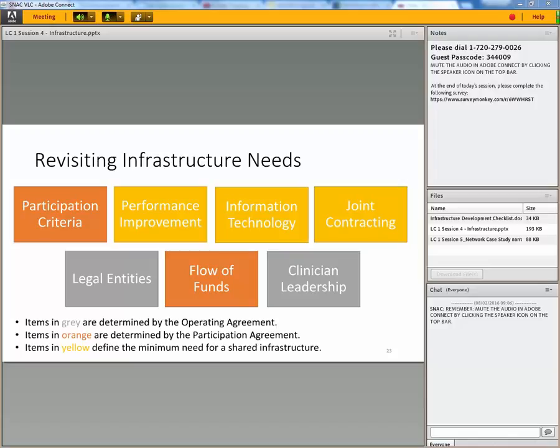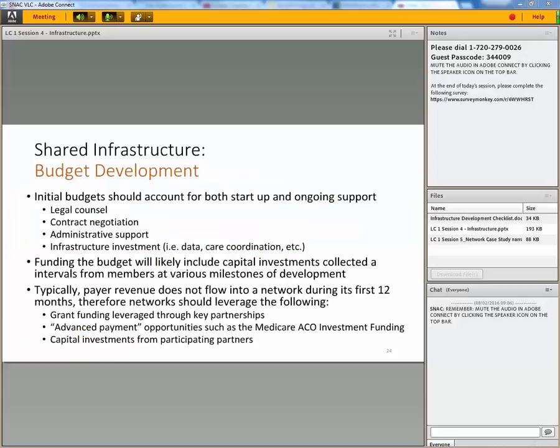But the elements in the yellow are the most important areas for there to be shared development of shared infrastructure. The performance improvement, managing to performance expectations, the information technology needs, and the joint contracting really are the sweet spot for a network's shared infrastructure.